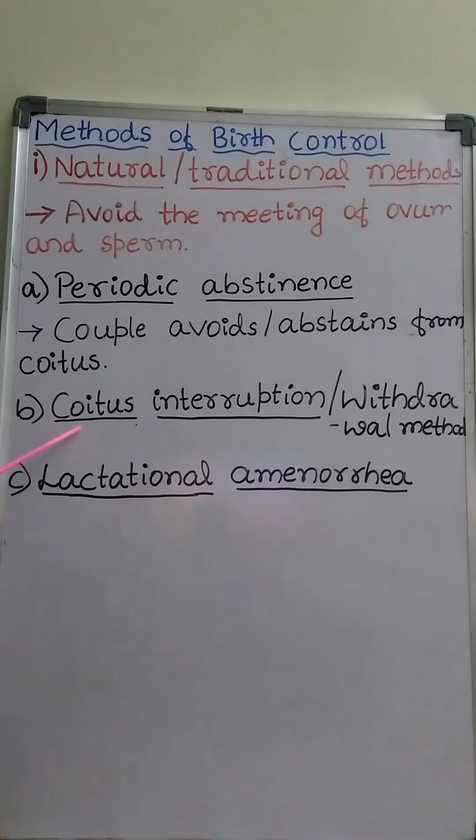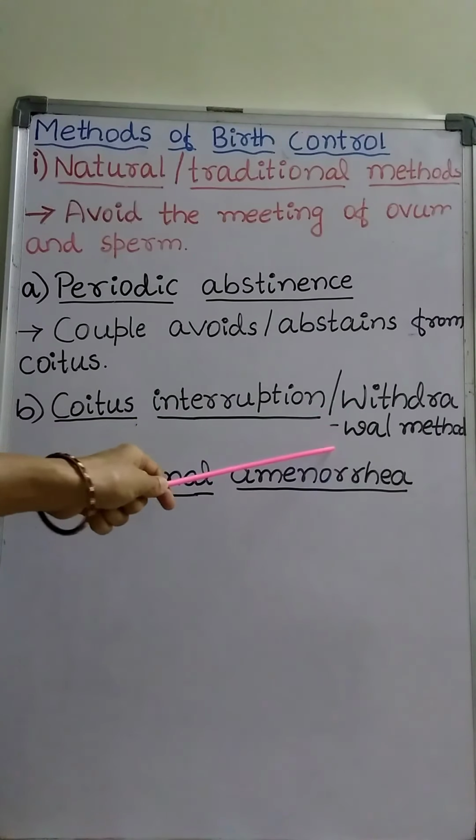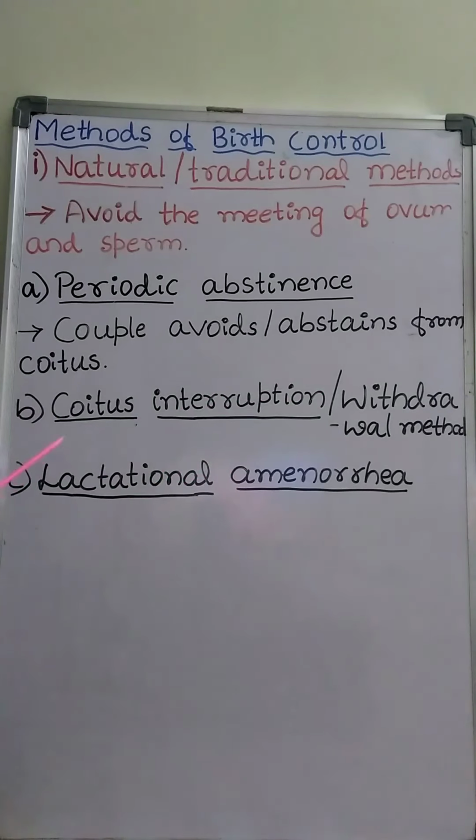The second one is coitus interruption or withdrawal method. In this method, the male partner withdraws his penis from the vagina just before ejaculation, or just before the release of sperm.